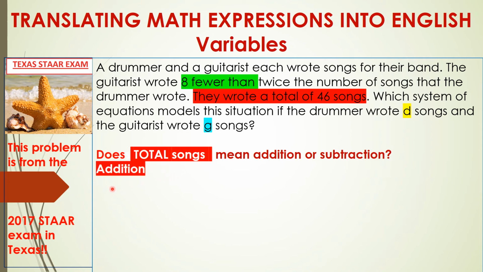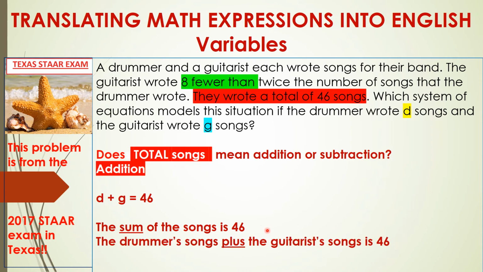So I'm going to get a plus. What this is saying is that the drummer plus the guitarist wrote a total of 46 songs. I could also say the sum of the songs is 46, or the drummer's songs plus the guitarist's songs is 46. So these are different ways of indicating addition.